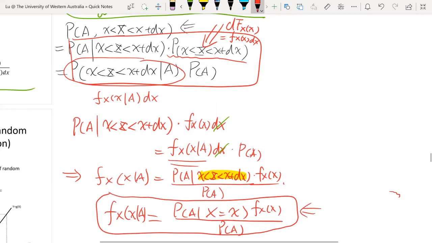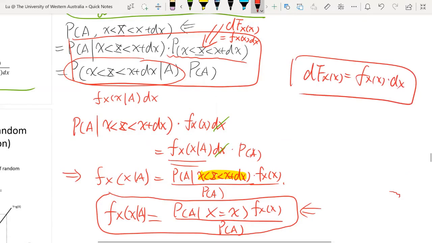Knowing this final result should be sufficient for this theorem, but there are a couple of things you need to know about how to derive that. For example, we say dFX(x) is equal to fX(x) times dx. This is not a new thing in this Bayes theorem. We have introduced this one before. You need to understand this one.